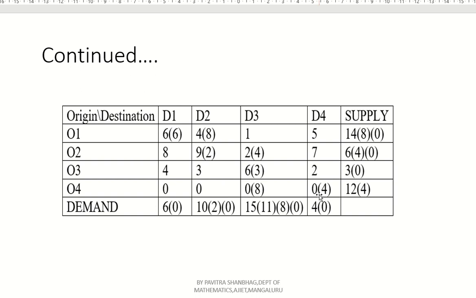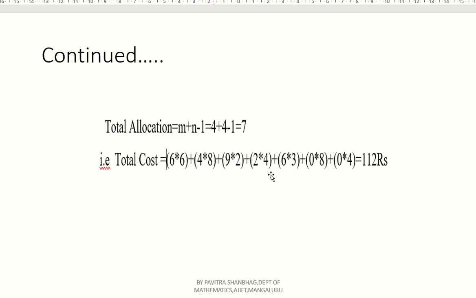At this stage we stop the iteration and calculate the minimum cost by multiplying and adding: 6 into 6 plus 4 into 8 plus 9 into 2 plus 2 into 4 plus 6 into 3 plus 0 into 8 plus 0 into 4. So the total minimum cost is 112 rupees.